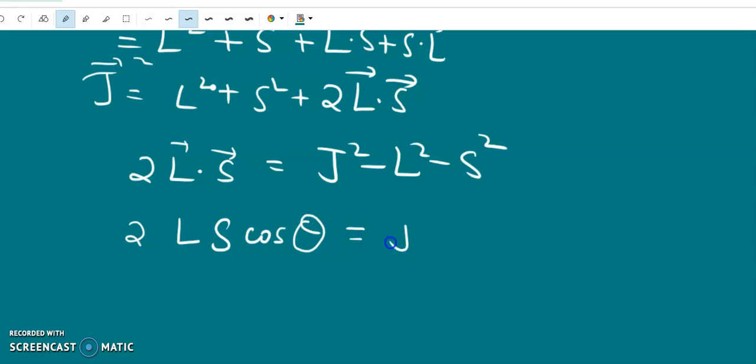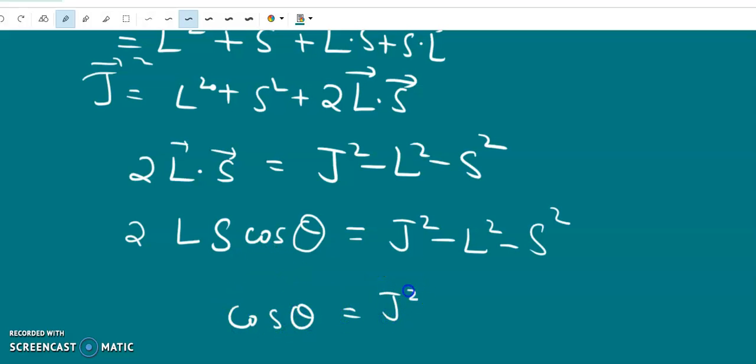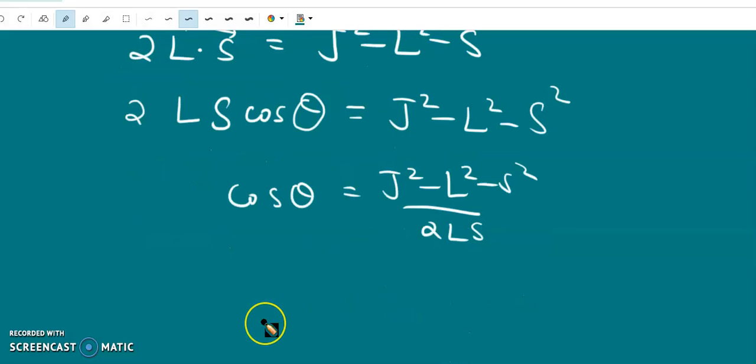So 2LS cos theta is equal to J square minus L square minus S square, and therefore cos theta is equal to J square minus L square minus S square divided by 2LS, where J is the magnitude of total angular momentum, L is the magnitude of the orbital angular momentum, and S is the magnitude of the spin angular momentum. So this can be written in terms of the corresponding quantum numbers as.